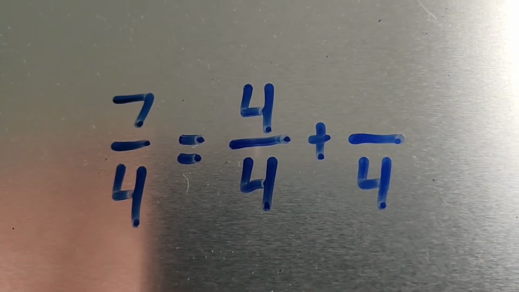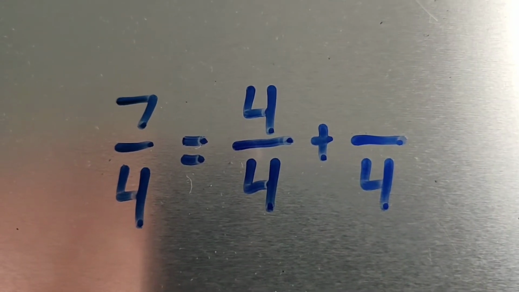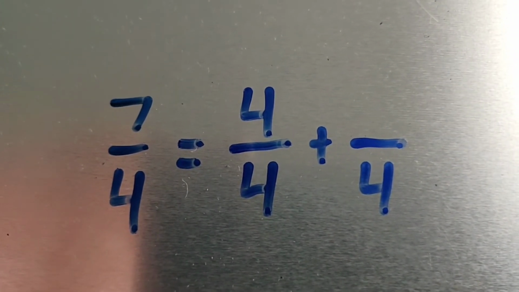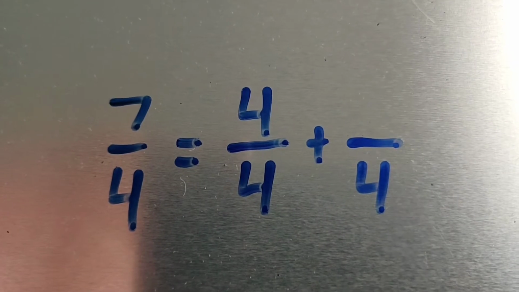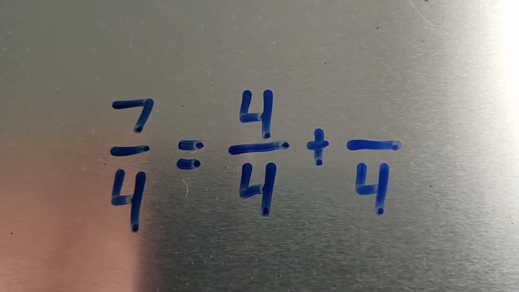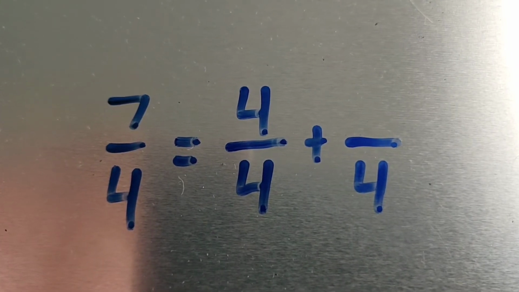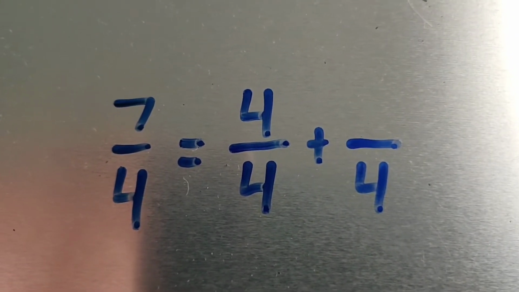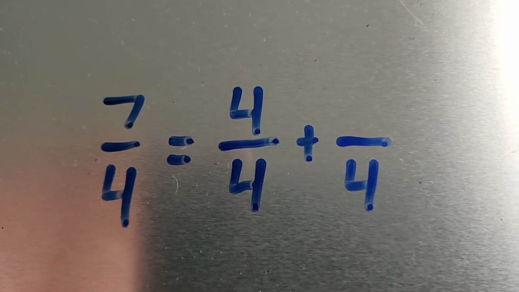So I see we can get at least 1 whole, or 4/4, out of 7/4. But 4/4 plus what equals 7/4? 4/4 plus 3/4 equals 7/4, because 4 plus 3 equals 7.